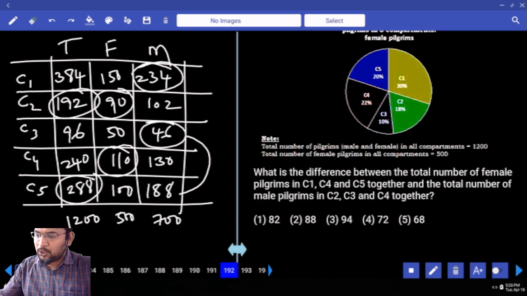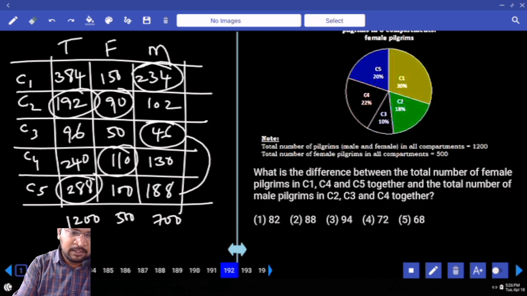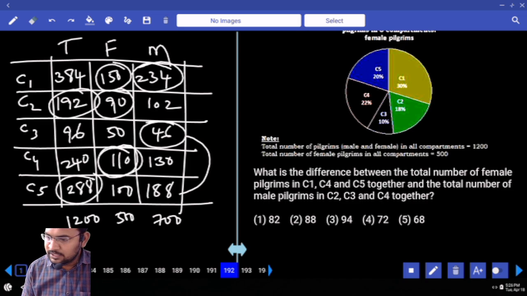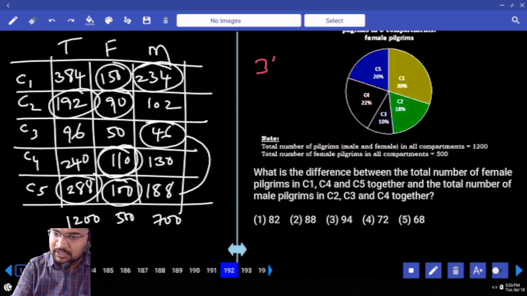What is the difference between the total number of female pilgrims in C1, C4, C5? Female C1, C4 260, C5 360. This total is 360.